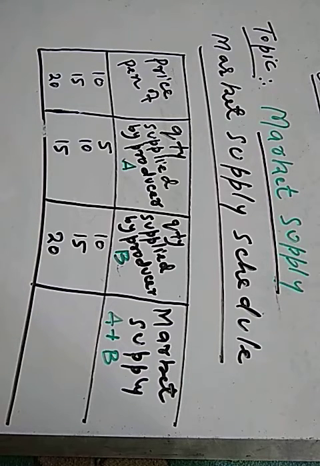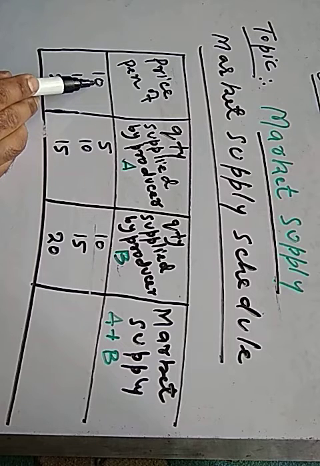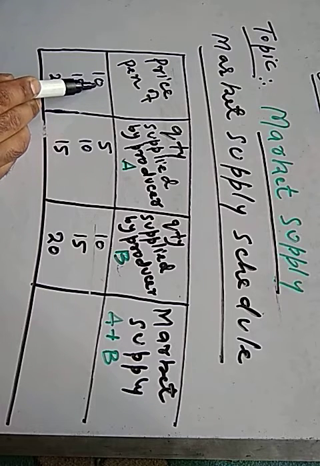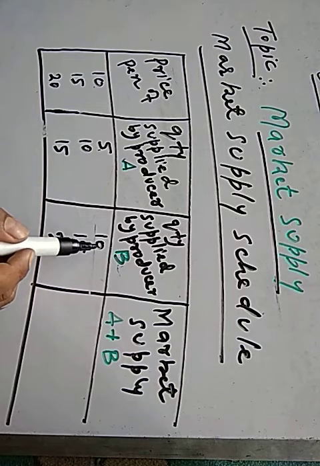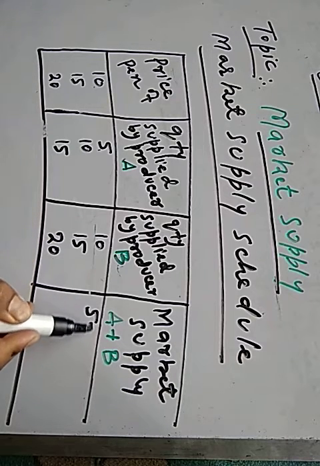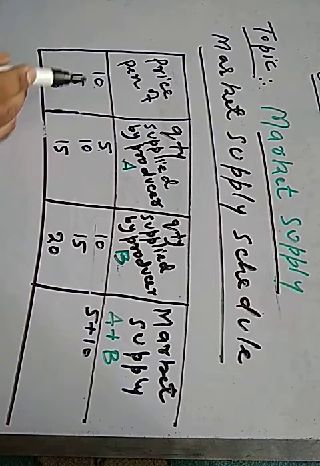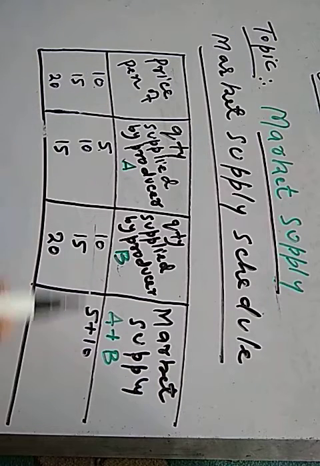Now अब हमें market supply लेना है. और जो market supply, it is the horizontal summation of individual supplies at the given prices. When price is 10, supply by producer A, it is 5 units, supply by producer B, it is 10 units, therefore it will be 5 plus 10 at a price of 10 rupees per unit.